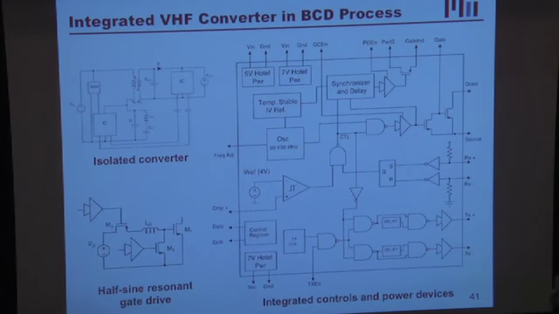So I'll show you an example of this, and this is a layout of the chip that we designed to do this. The most important things I'd like to point out to you are, first of all, we have an optimized power device on board using the optimization techniques I mentioned. Secondly, we have a resonant gate driver on board.